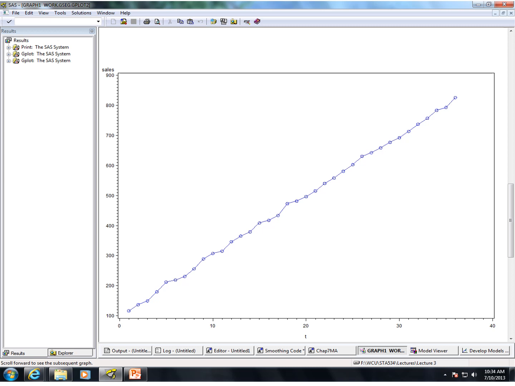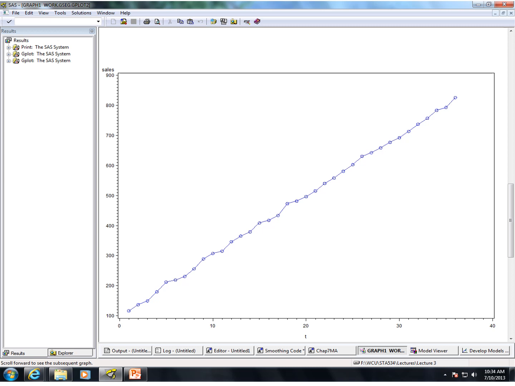And then it goes up, up, up, up, up. I only went up to 36, but SAS kind of likes even numbers, I guess, so the plot went out to 40. And sure enough, if I go out to 40, what would be 40 times 20? Right, our slope was 20. So if I go out 40 points, I expect to go up 40 times 20, which is 800.